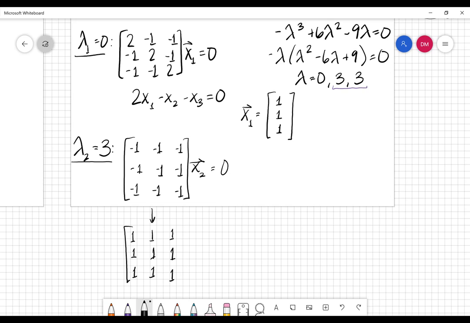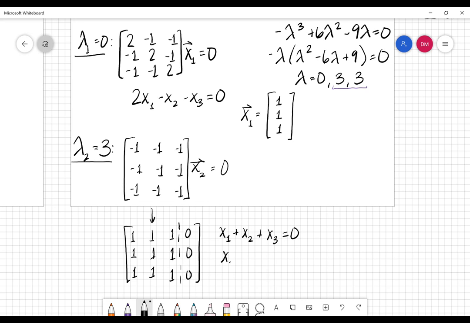But if you augment this with your 0 to solve for x sub 2, what we're seeing for our system is whatever I choose for x1, x2, and x3, if they add to 0, then we're good to go.